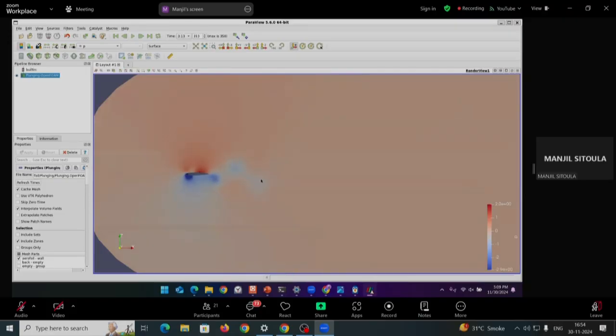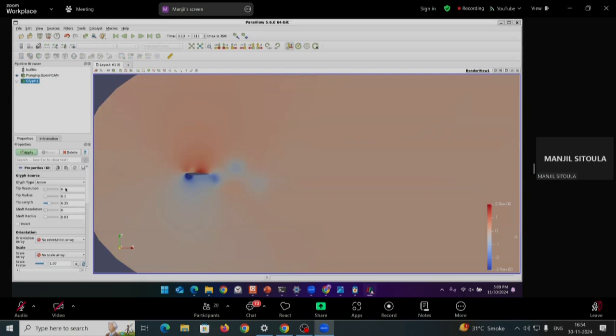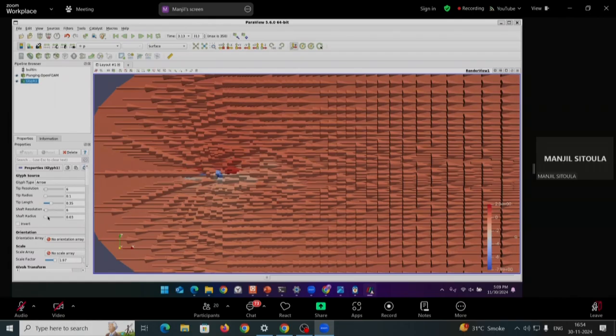If you want to visualize this clearly, let's draw it. You can add a filter using Ctrl+Space and add the vector field. The arrows are very large, and you need to keep the orientation array as velocity.